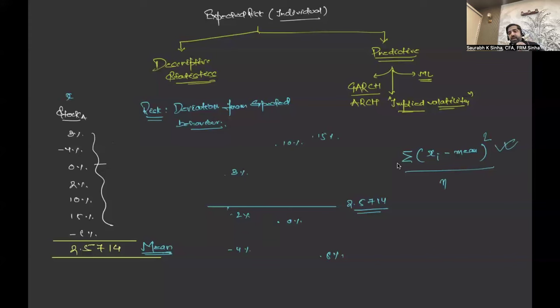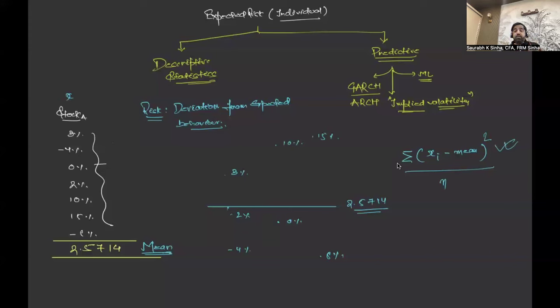Right? Why have we done the square? There are two reasons for this. One, you have understood that I want to make something negative positive. But I also want to assign weight to any risk which is more than other risk.